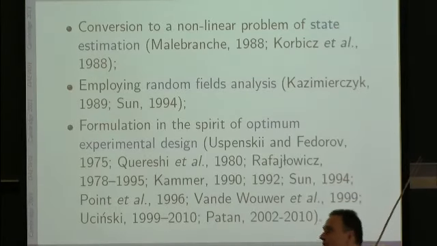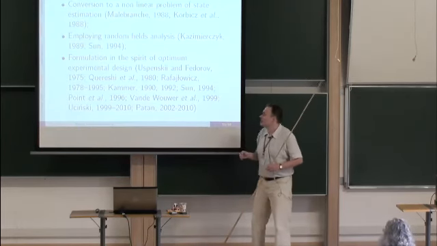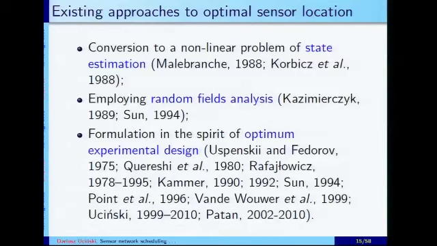But if we try to deal with the problem of how to locate sensors or how to activate sensors, the problem is not as young as sensor networks, because the story started many years ago. You can see here some qualification of the existing approaches. I'd like to focus your attention on the mainstream of works.